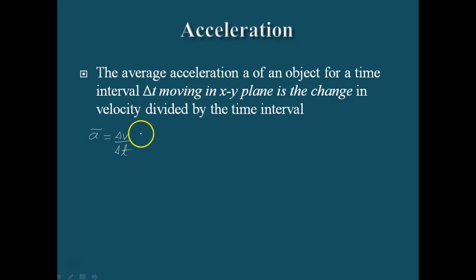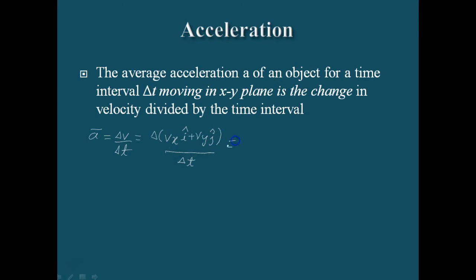And this velocity, just now we derived the equation in the form of its components Vx and Vy, that is given by Vx into I cap plus Vy into J cap, and the time delta t.